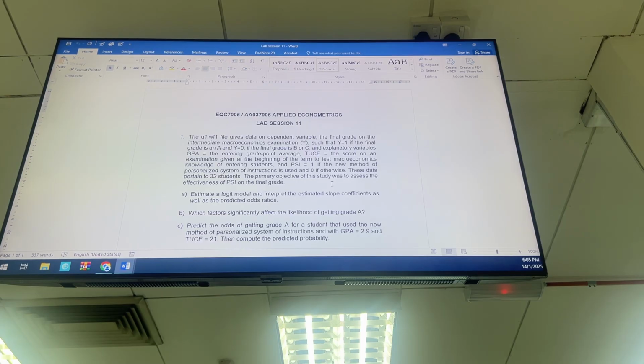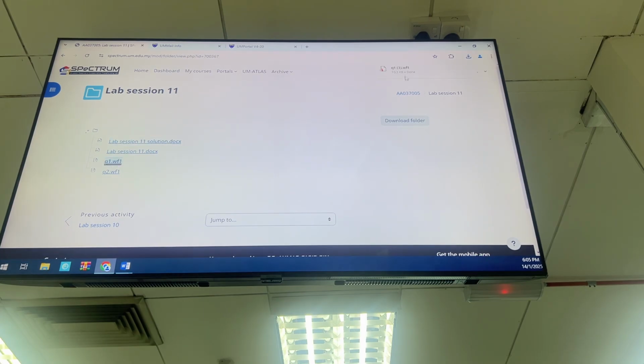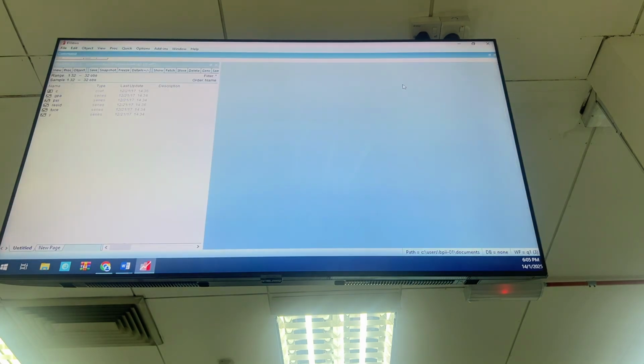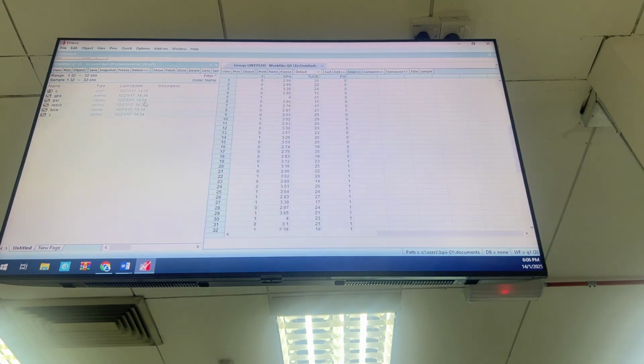Okay, so you open the data. So here we have our dependent variable. You open all the variables as a group, and you can see the values. Then you press Ctrl and you select. So the dependent variable is binary, just like a dummy variable, either 1 or 0, and then we have GPA, TCE, and then PSI.